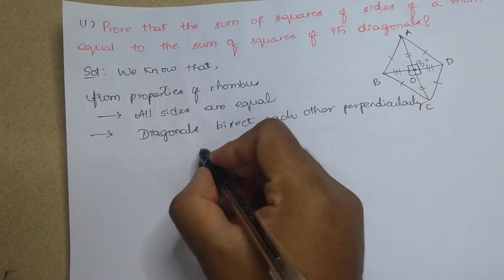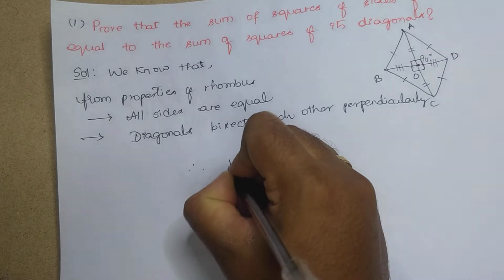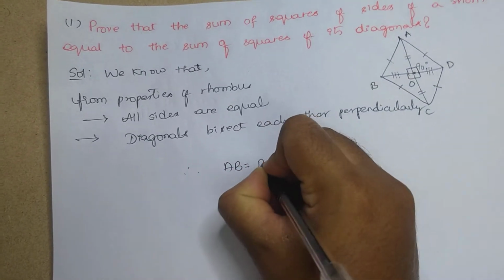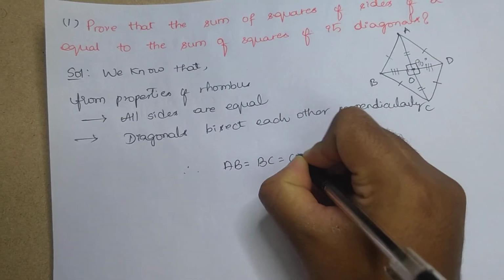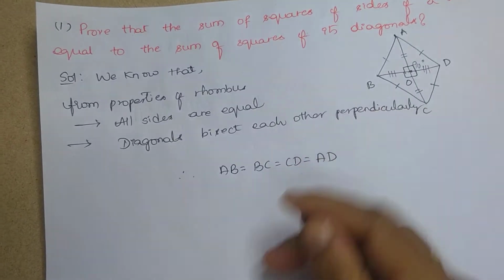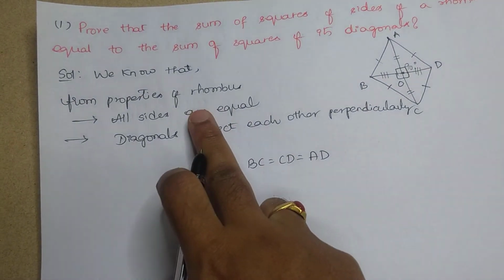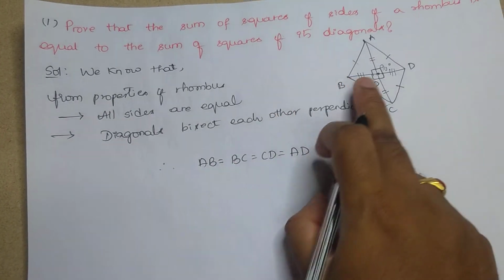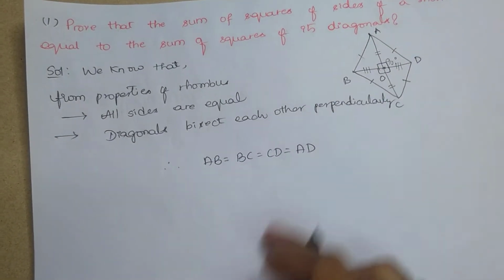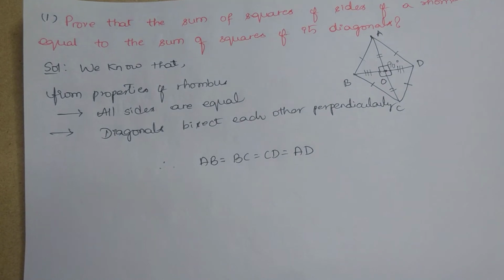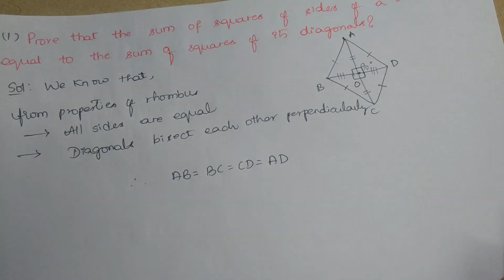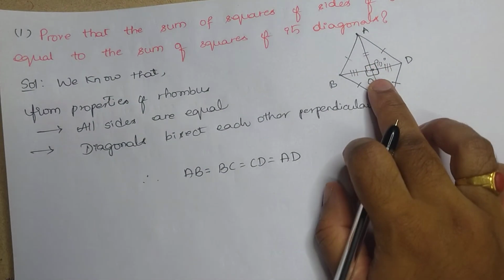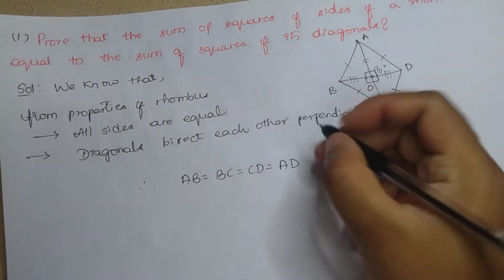Therefore, AB equals BC equals CD equals AD because all the sides are equal. After that, diagonals bisect each other perpendicularly. It means what can we write here? AO equals OC and BO equals OD.